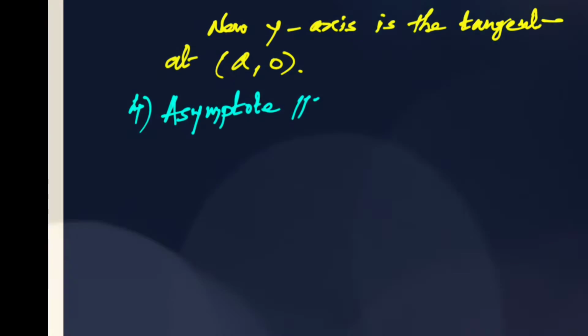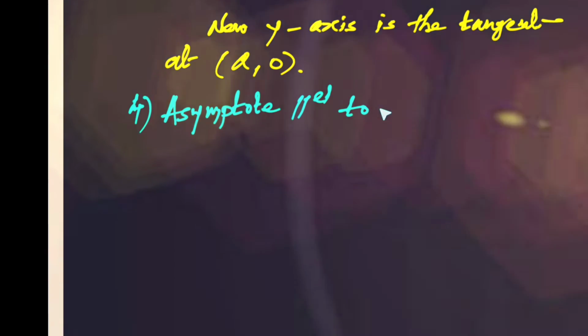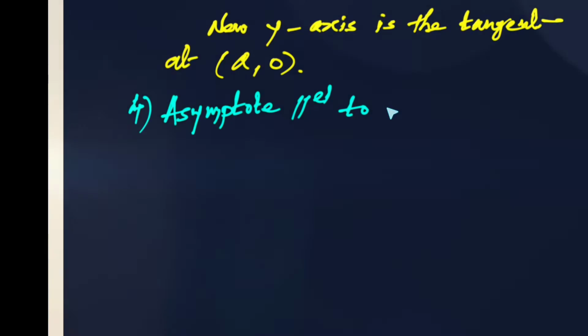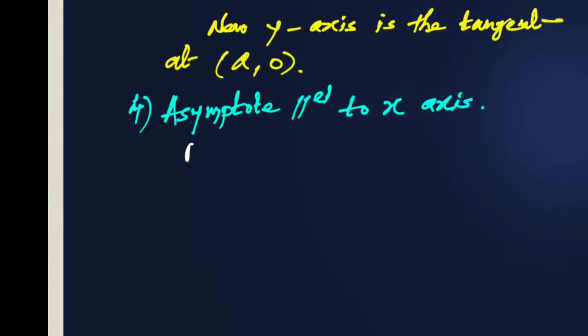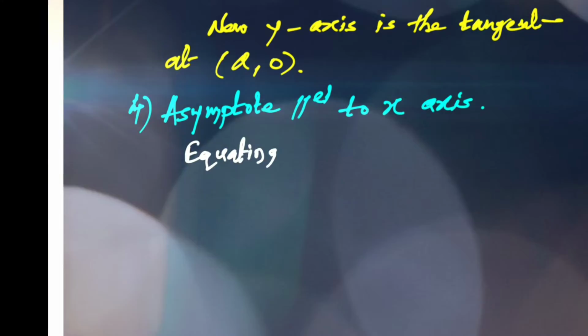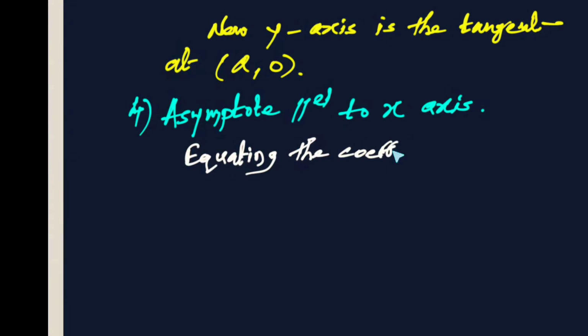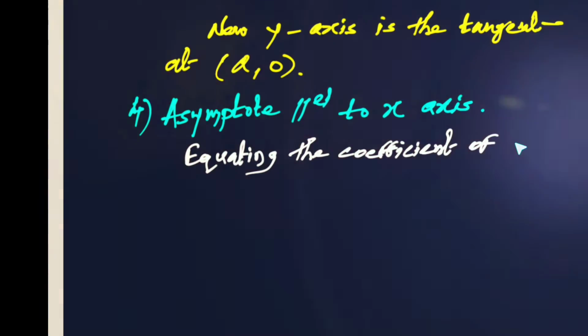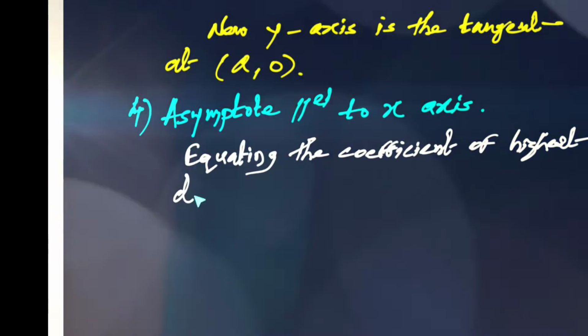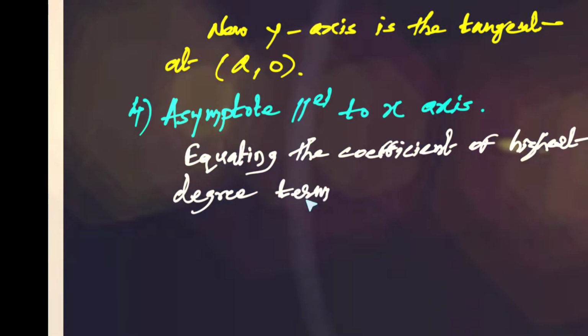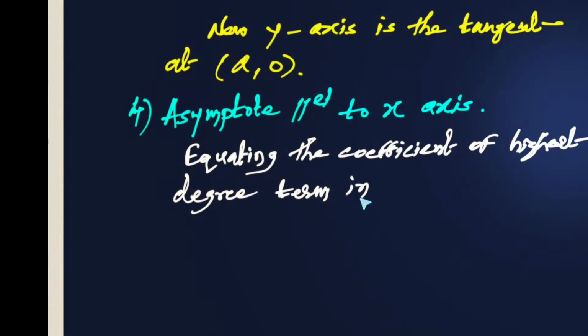Next point is asymptote. We require to find asymptote parallel to x-axis as well as y-axis. For asymptote parallel to x-axis, the procedure is we have to equate the coefficient of highest degree term in x to 0.